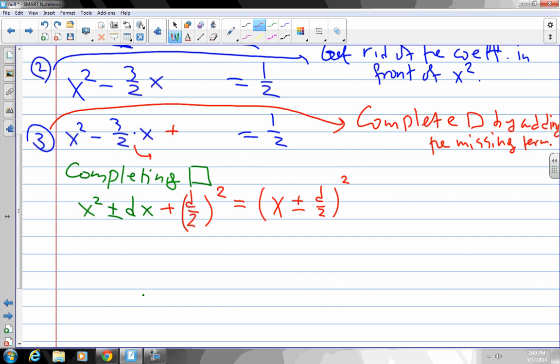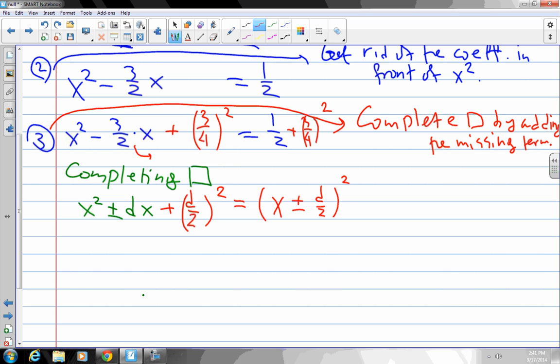So actually we're going to add 3/4 squared. Right? That's what we're adding. The half of the term in the middle squared. Is that okay? So if I add something to one side of the equation, I have to add the same thing to the other side of the equation. So that 3/4 squared gets added to both sides.